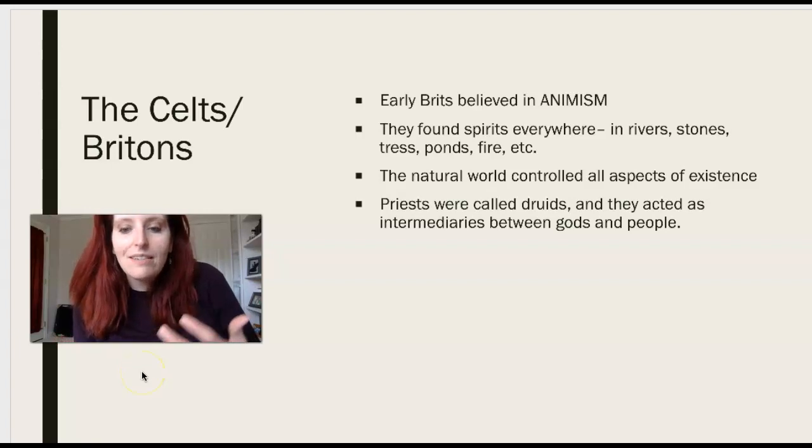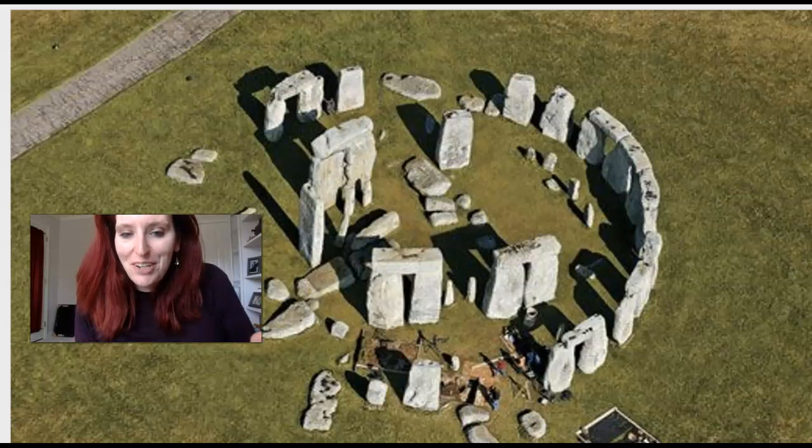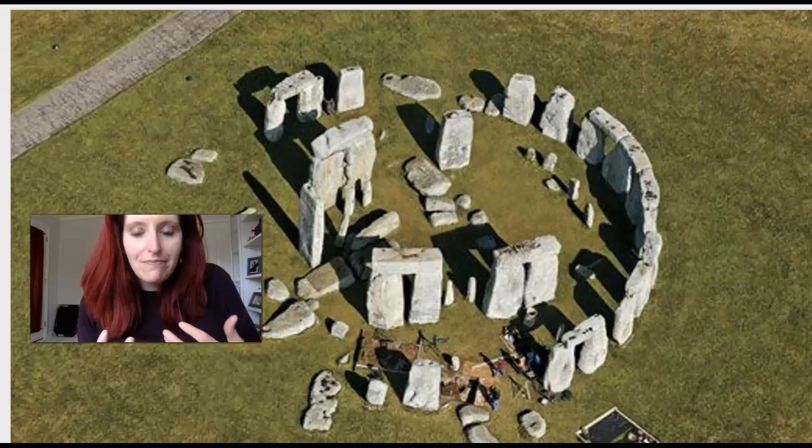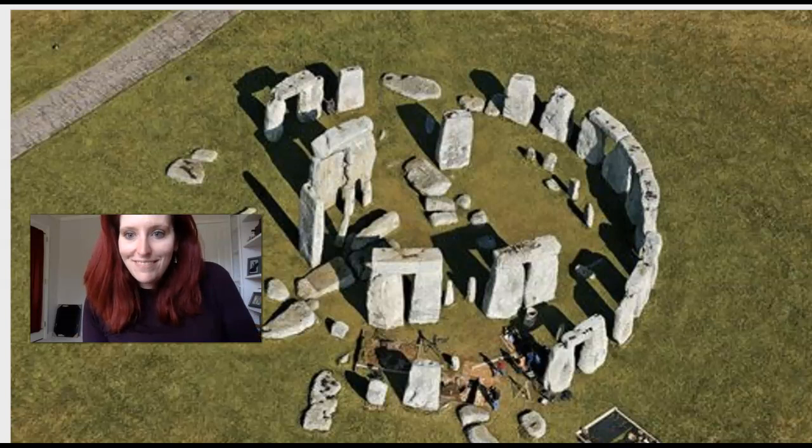And we can see the remnants of these early Celtic peoples, or the early Britons, when we look at places like, I know that you guys are all familiar with Stonehenge. Stonehenge was a product of this pre-Anglo-Saxon, pre-Roman invasion, the earliest of the early.